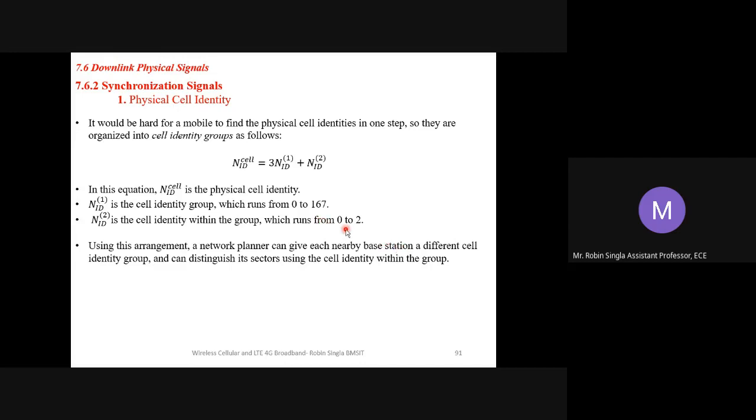Then to 3 different sectors, it can give 3 identities 0, 1, 2. So this is how it works. It will give this identity from 0 to 167 to the base station cell, and then 0 to 2 to the sectors inside that cell.